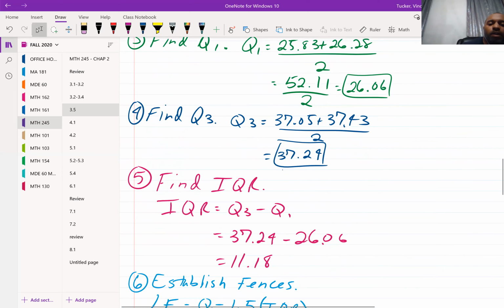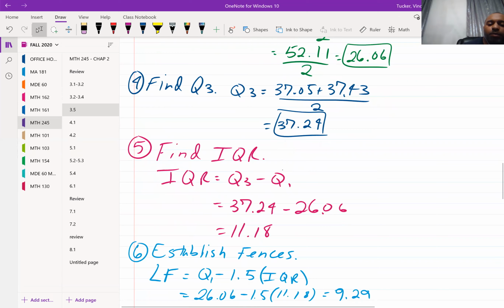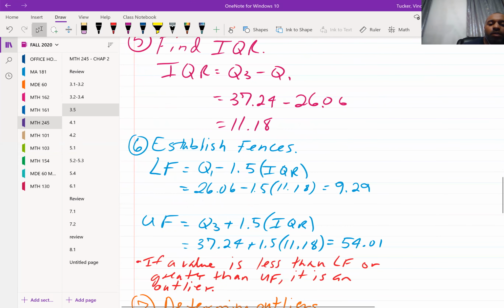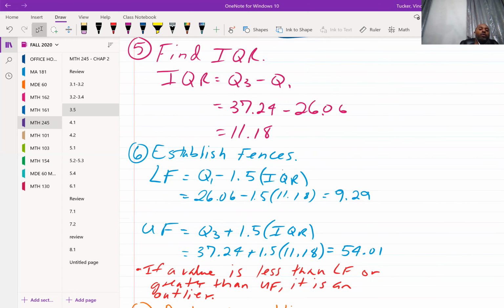And once you find your IQR, you can establish your fences. Q1 minus 1.5 times the IQR is your lower fence. That'll end up being 9.29.